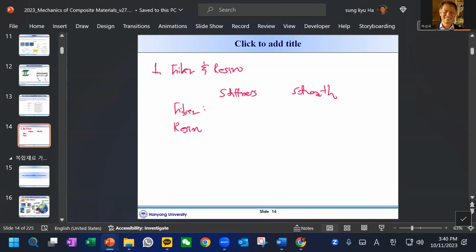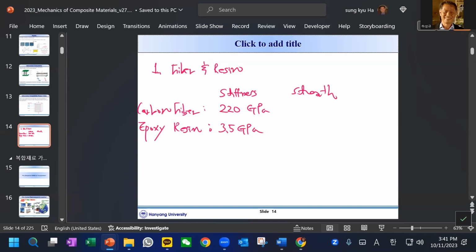So the fiber stiffness, well, let's consider carbon and resin. The typical is the epoxy resin system. So the stiffness of epoxy resin is about 3.5 gigapascal. And the stiffness of the carbon fiber, I would say 220 gigapascal.